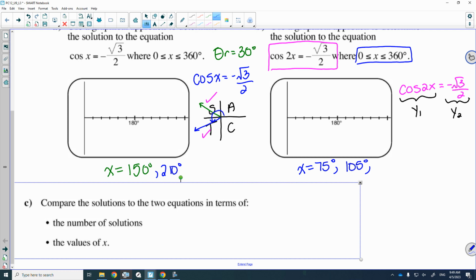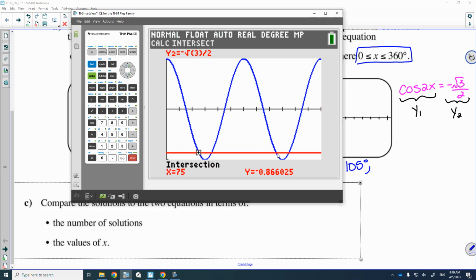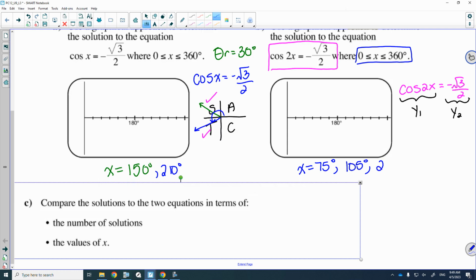Bella, do you have that third one? 255. Mark R, do you have the last one? Who has the last one done? What do you have? 285. Okay.